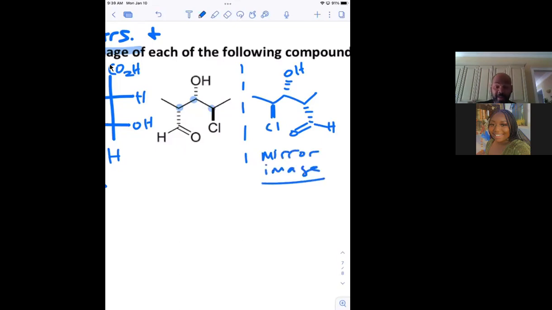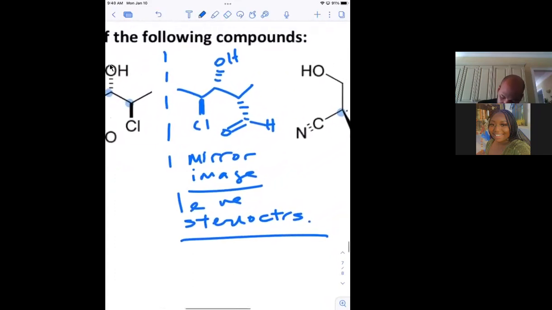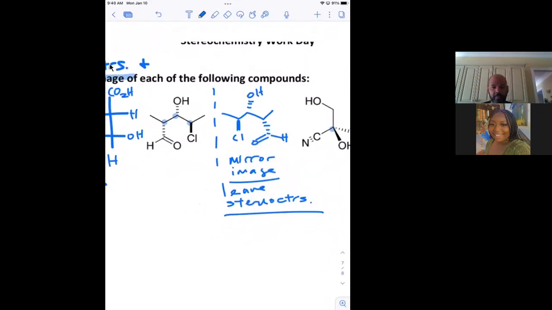So this is the mirror image. And if I draw it that way with the mirror plane, I have to leave all the stereocenters the same. And I'm going to show you why. So we're going to leave those stereocenters just like we see them. All right.